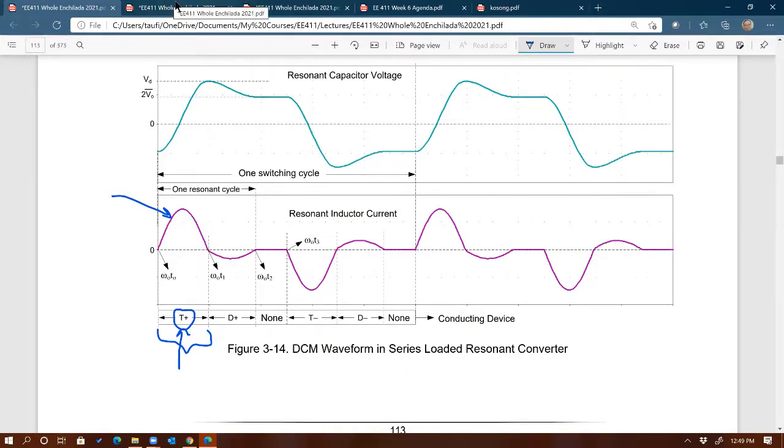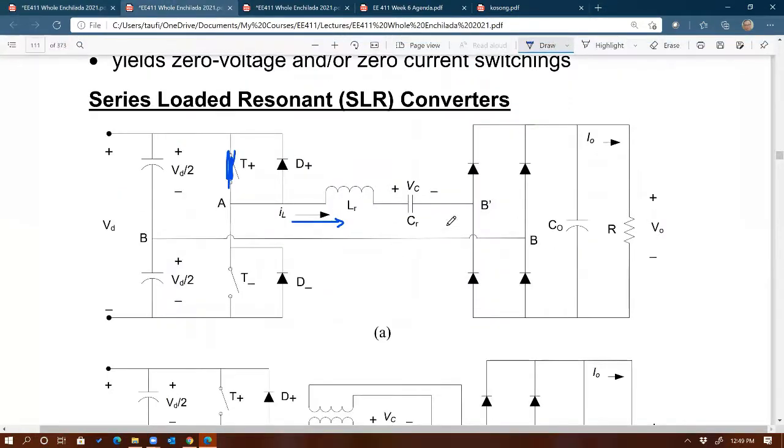So naturally, if current tries to go negative, crossing 0, then I'm going to erase this. Even though T plus is on, it will be useless because current cannot flow through T plus. This is a unidirectional switch.